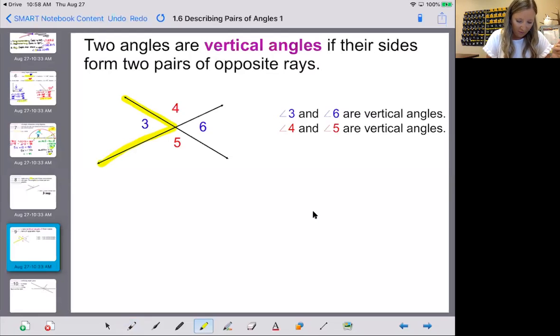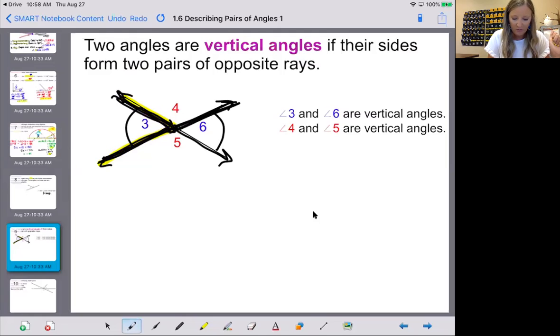Okay, so think about this right here as a ray. The opposite ray is this direction, right? Okay, and then this one over here, same thing, the opposite ray is this way. So angle 3 and angle 6 are opposite rays. It's kind of a weird thing. Basically, I always look at it as this one forms a V for vertical, and then this one over here also forms a V for vertical.